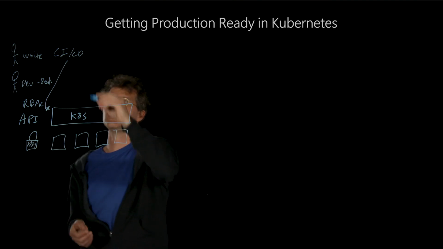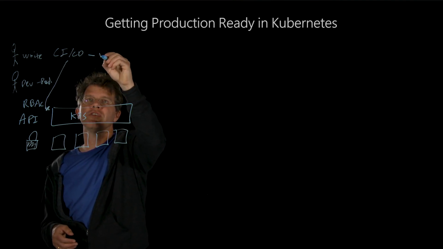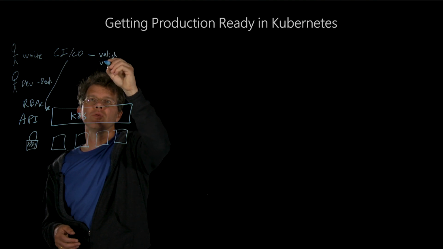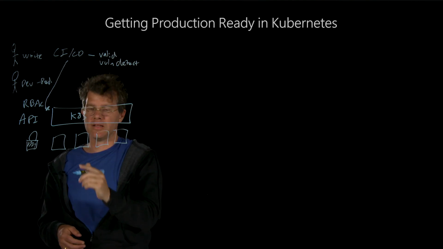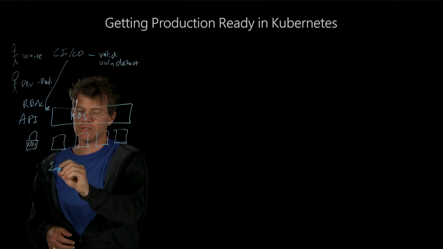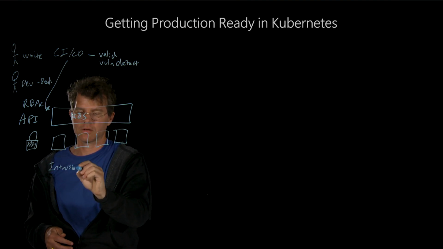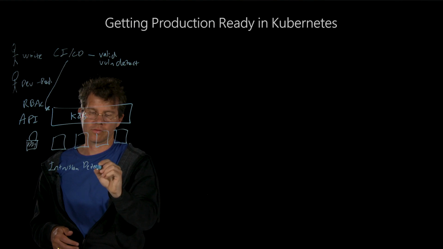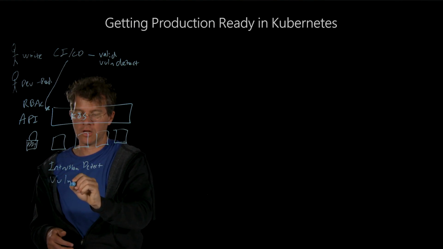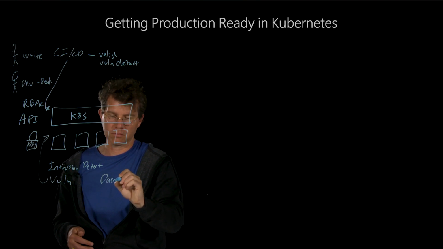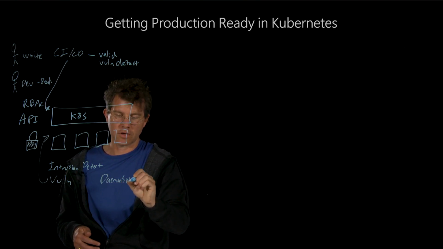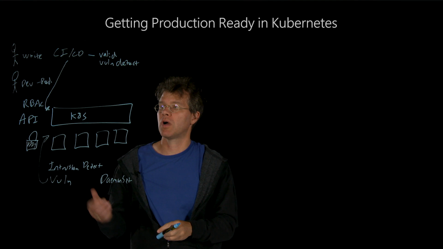That really ensures that you can put process here for validation, vulnerability detection. And likewise, you should be thinking about running intrusion detection and vulnerability detection on the cluster itself, probably via a daemon set, so that you can find things that are wrong with your cluster.